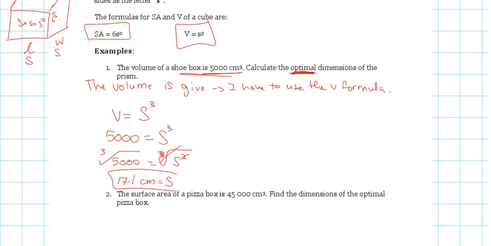Right? That's easy. So the side length, the dimension of the optimal prism.